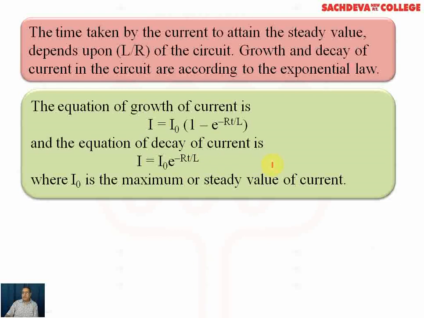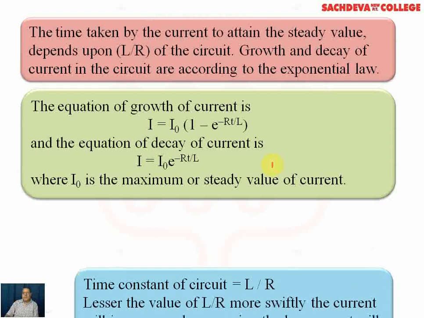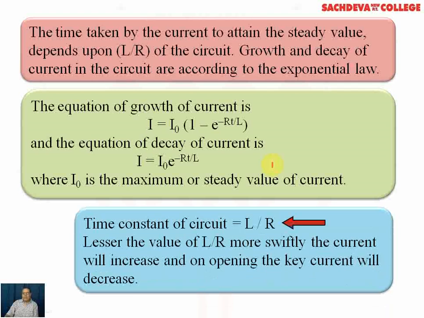So log 2 base e can be written as 2.3 into log 2 base 10. And then we have to take the log of 2, which is found to be 0.3010. We take it to one place of decimal and that will be 0.3. So, the time constant of the circuit is L over R.